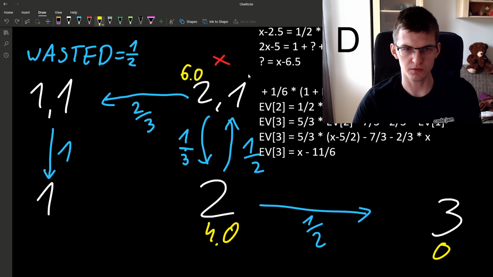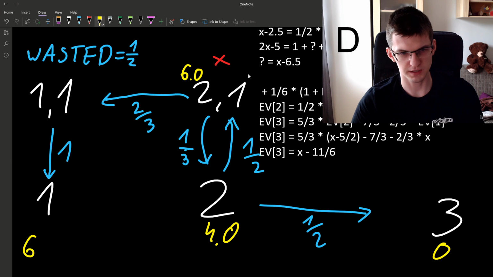From 6.0, either I move down and it doesn't cost, I take away a cookie, which doesn't cost me anything. With probability 2/3, I get to this state.